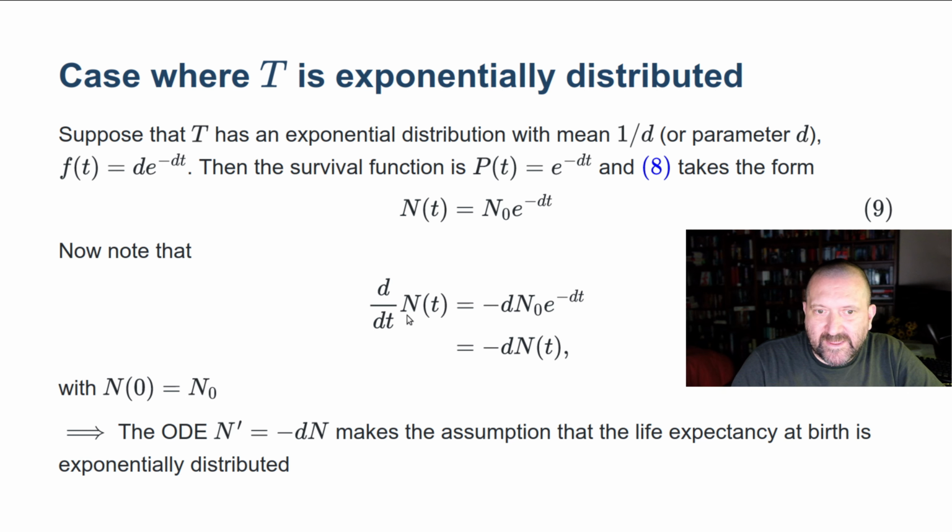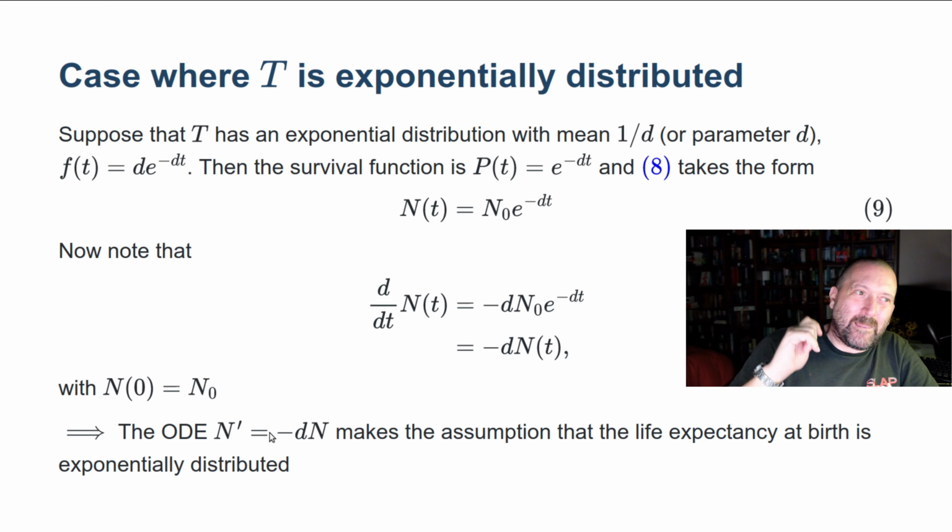So what I have here is the ordinary differential equation, n prime is minus dn, which is like the ever-present, if you want to model a population in which individuals live on average 1 over d time units, and the only way to leave the system is to die, that's how you would write this.